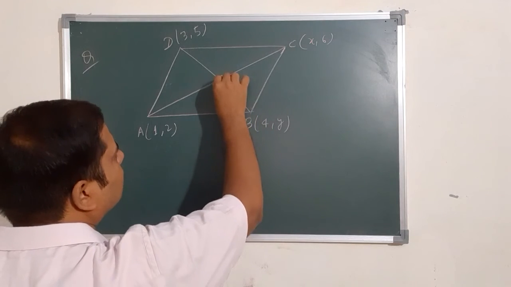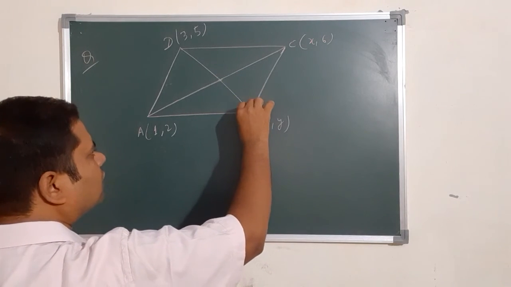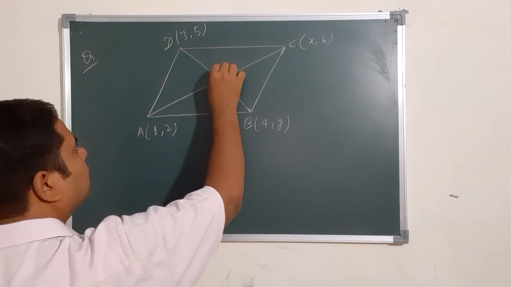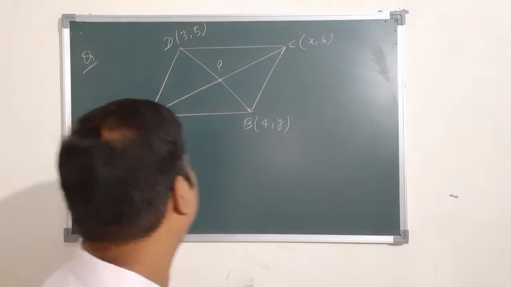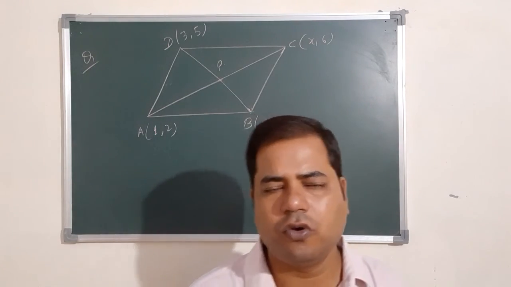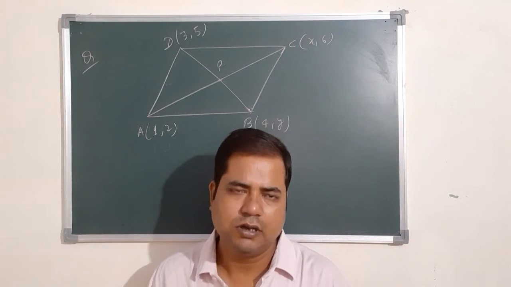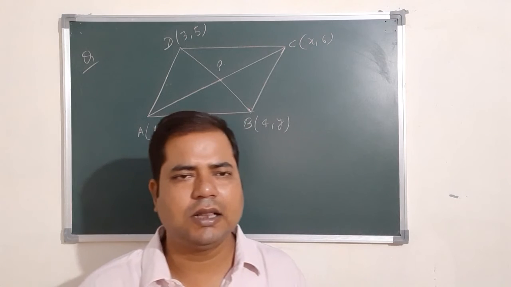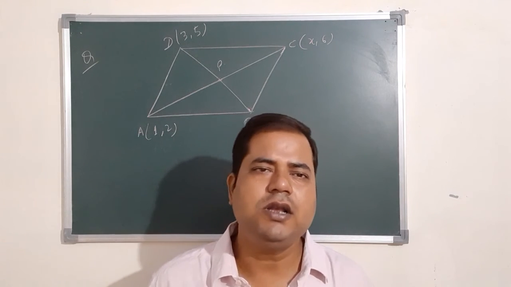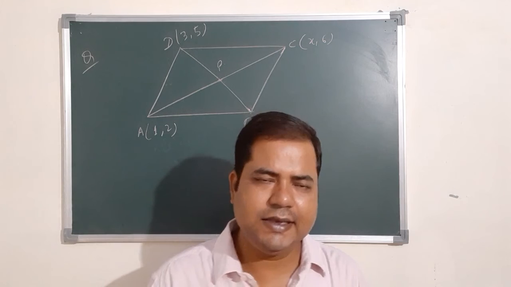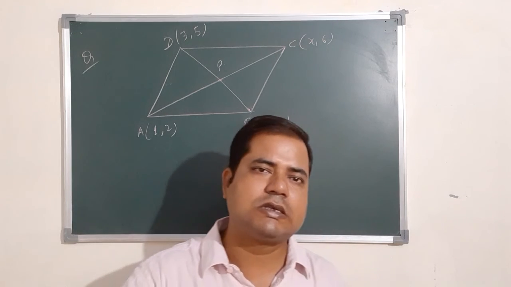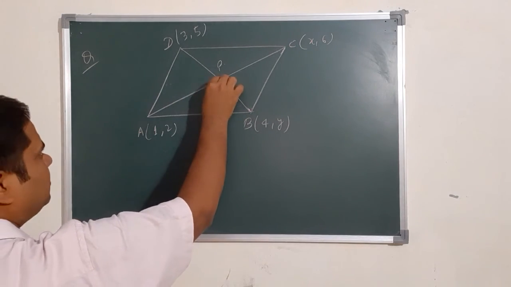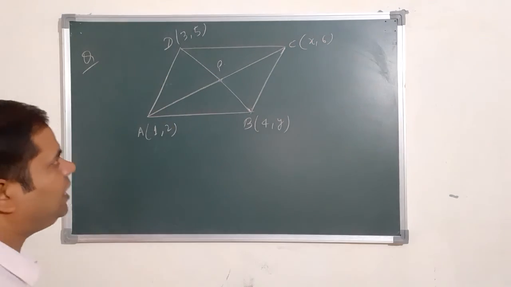That means this is the midpoint, suppose it is P. Then P is the midpoint of AC and BD both. Understood? The diagonals of a parallelogram bisect each other. That means the point of intersection of AC and BD must coincide, and point P is nothing but the midpoint of AC and BD.